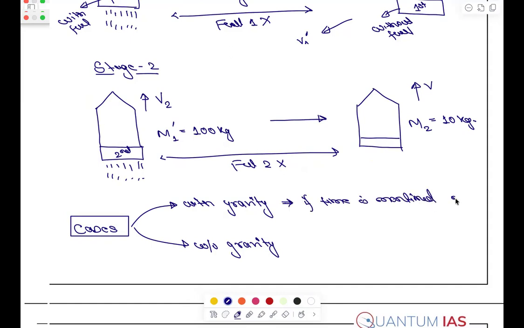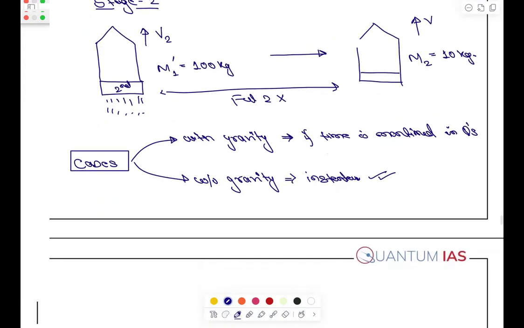If time is mentioned in the question, let's say 10 seconds, 20 seconds, as we have seen in earlier numericals, then we can write. But if time is not mentioned, we have to do the instantaneous analysis, just like in this case. We will go with the without gravity concept, right?